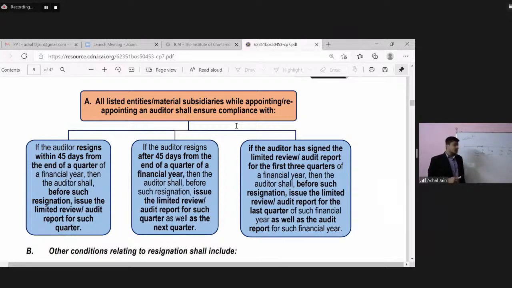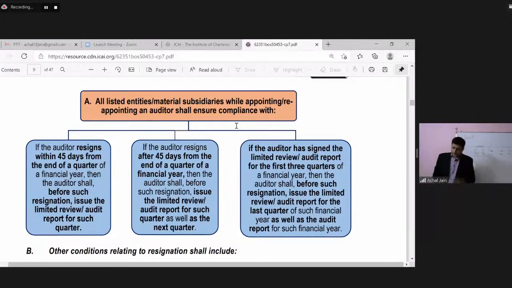Okay, so let's understand. If the auditor is resigning after 45 days from the end of the quarter, auditor must have already issued the report for this quarter.